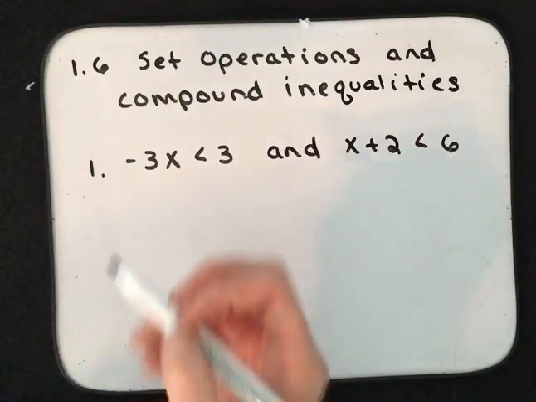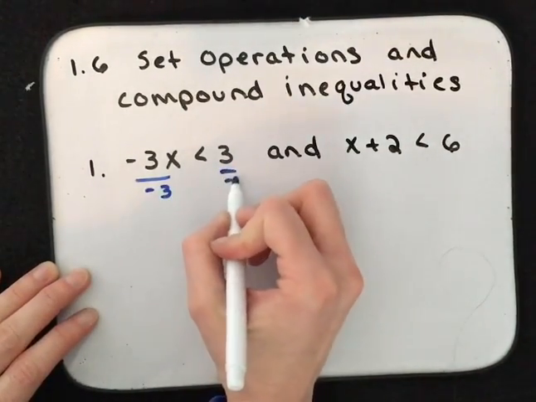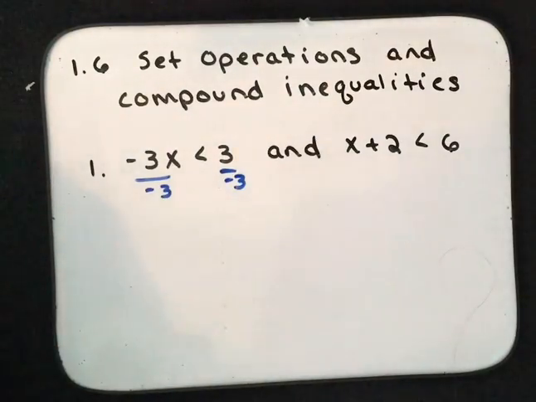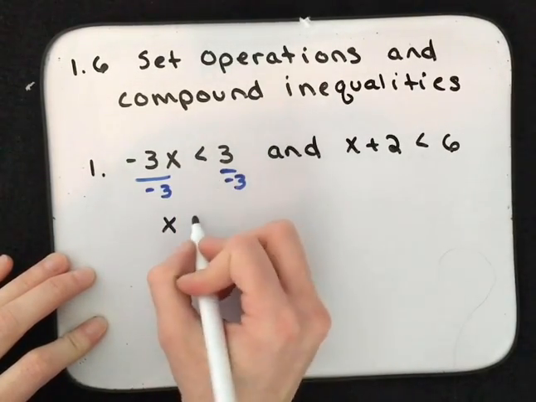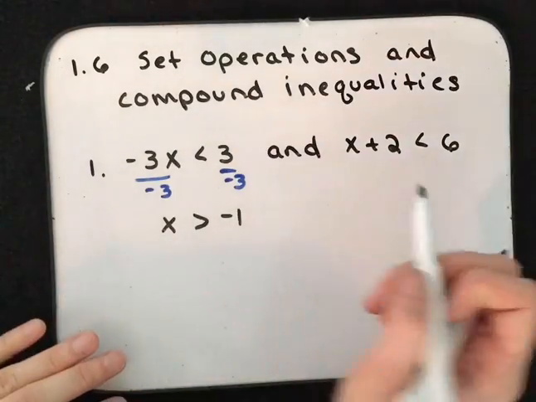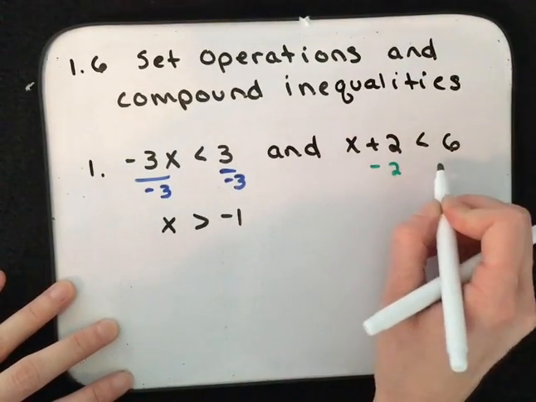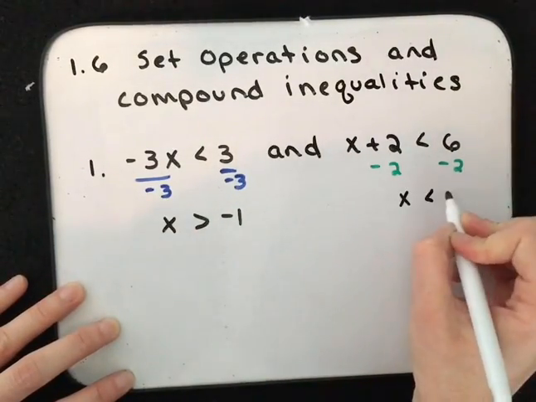So here we need to divide by negative 3 on both sides. Do you remember what happens when you multiply or divide by a negative? We need to switch that inequality sign. It was less than, so now it's greater than, and negative 1. Now we need to solve over here, so we'll subtract our 2 from both sides. When we do that, we get x is less than 4.